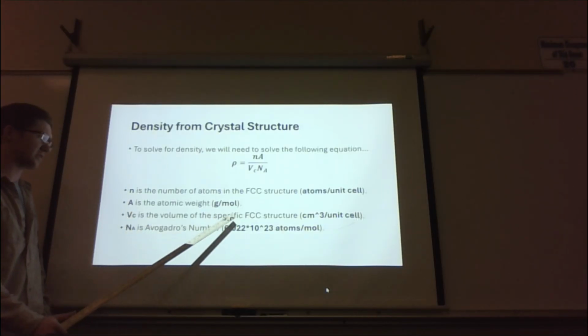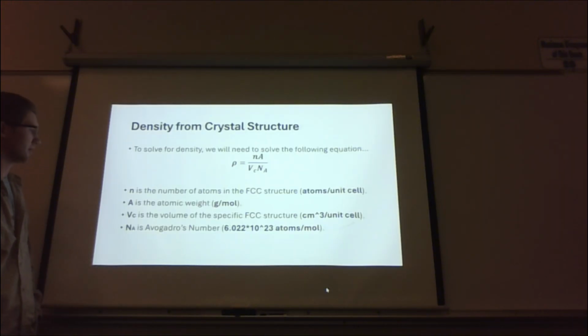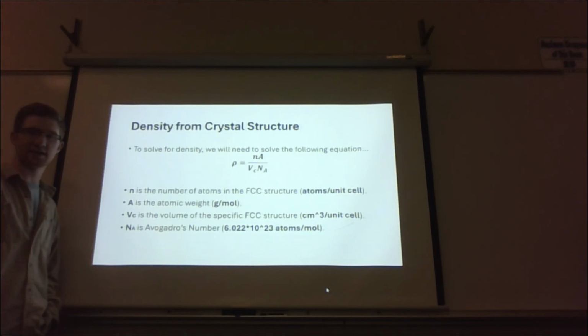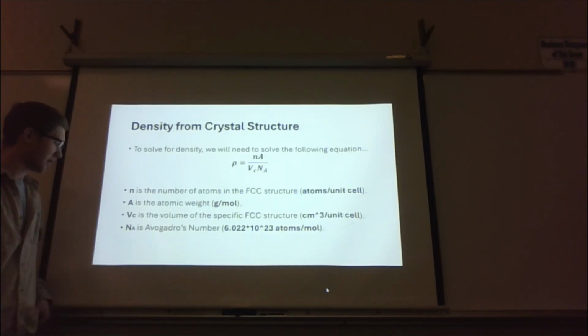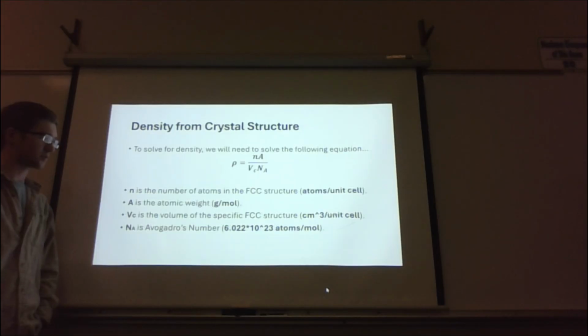Vc is the volume of the specific FCC structure, which in this case is going to be centimeters cubed per unit cell. Same for the number of atoms, this is going to be atoms per unit cell, that unit cell being the FCC structure itself. And Na is Avogadro's number, 6.022 times 10 to the 23 atoms per mole.